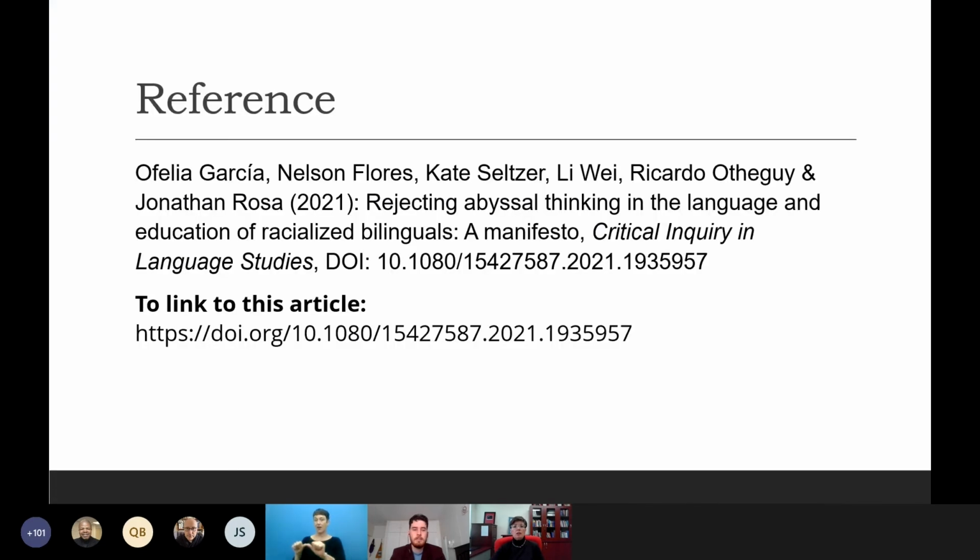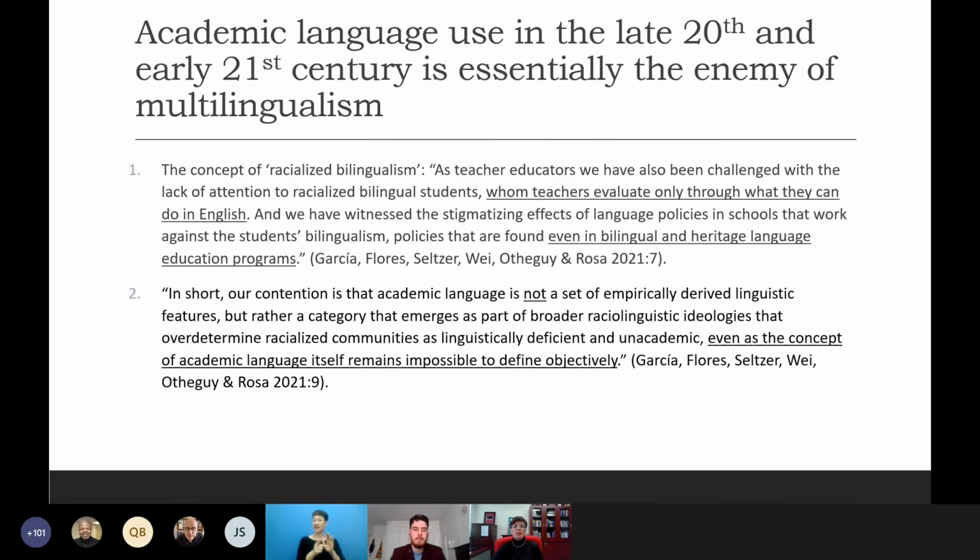So what this particular article, and this is the link which I can send on if you're interested, does is introduce the idea of racialized bilingualism, where we talk about bilingualism as if it can be any two languages, but in fact, if one of those languages isn't English, then it isn't seen as a valid bilingualism.